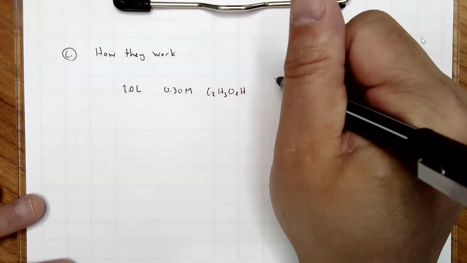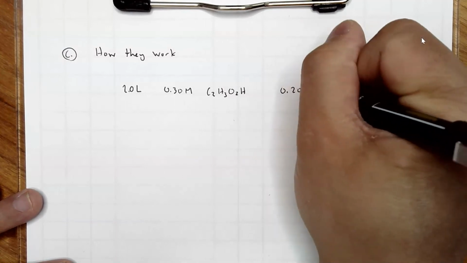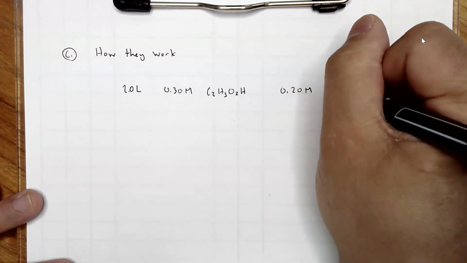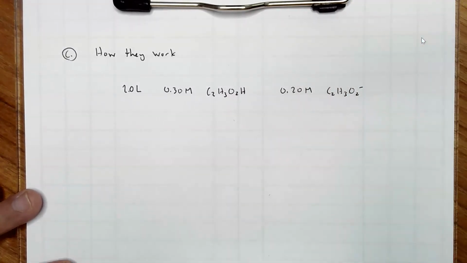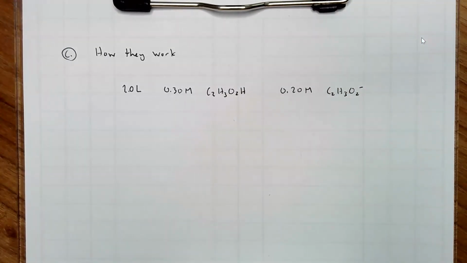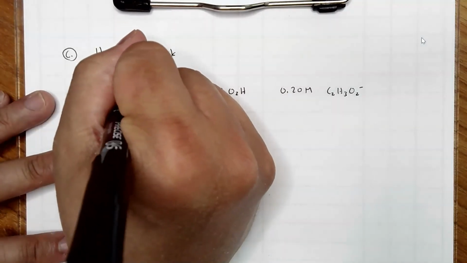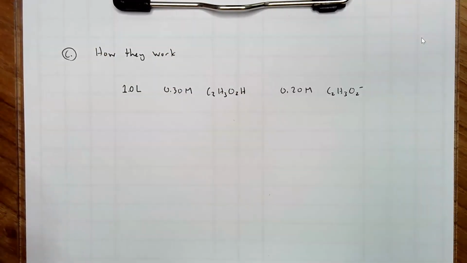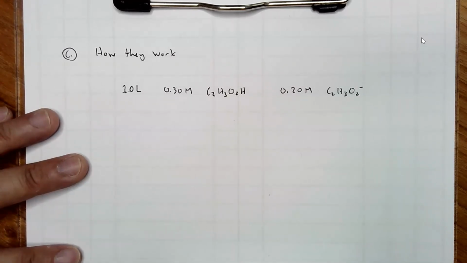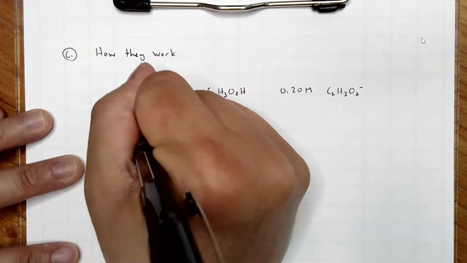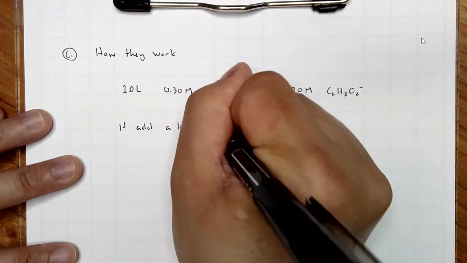And then the conjugate base concentration turned out to be 0.20 molar C2H3O2 minus, the conjugate base. Now, we're going to do this qualitatively. Probably in the next video, we'll apply numbers and do calculations, but qualitatively, what happens if we add a little strong acid, HCl?